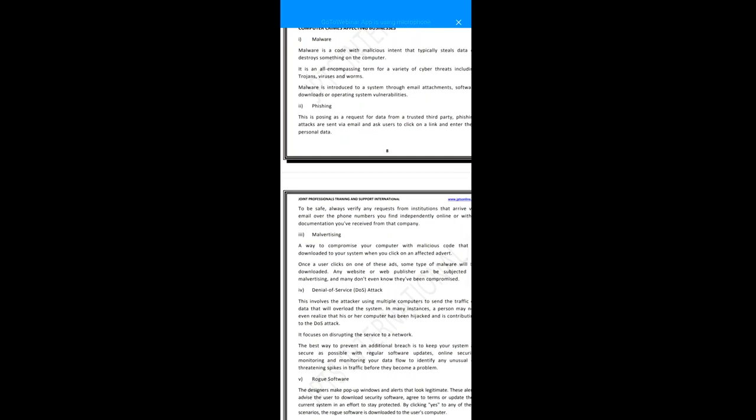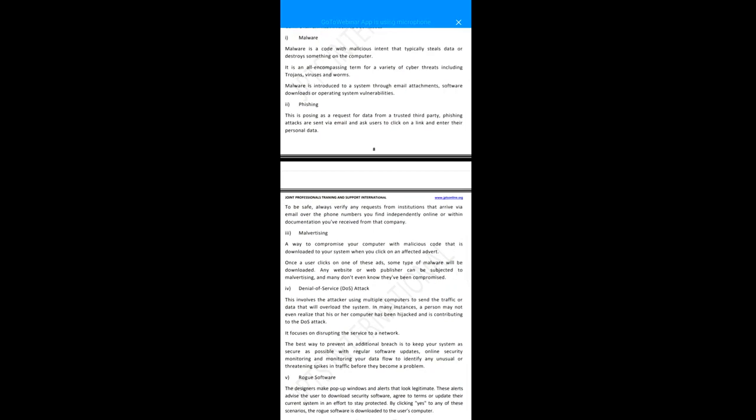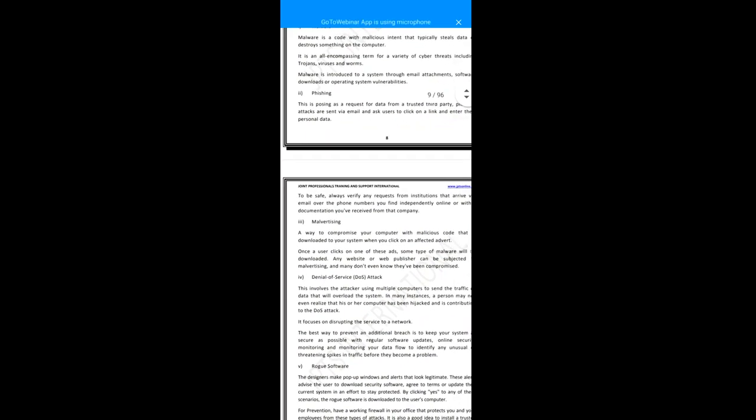That's using adverts to transfer malicious code through your system and through any downloaded file. So if you click on the ad, that's the advert, some type of virus will be downloaded.